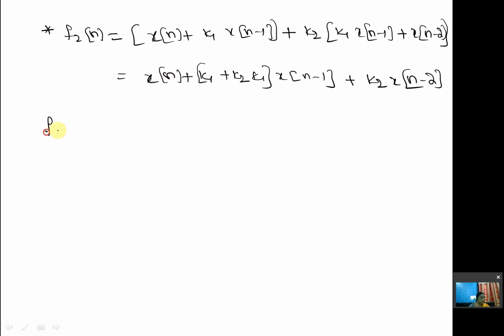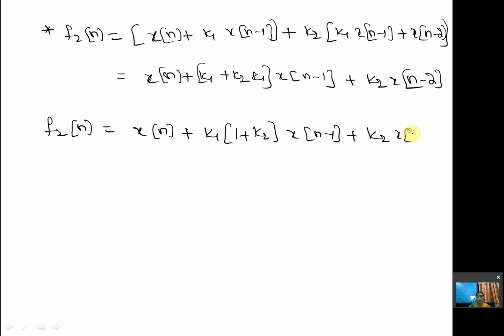Now here F2 of n is equal to, what is that? x of n plus, if you common K1, 1 plus K2 x of n minus 1 plus K2 x of n minus 2.